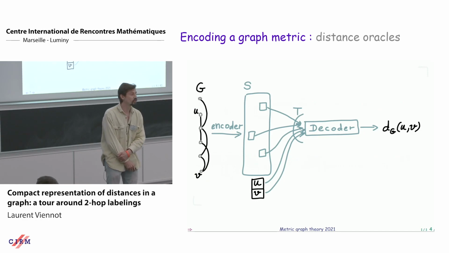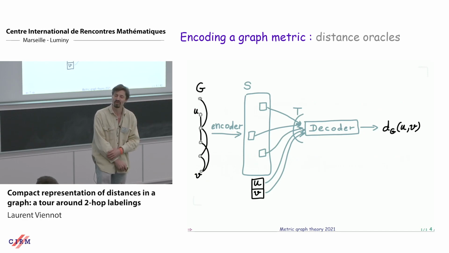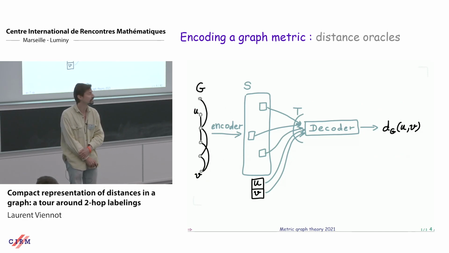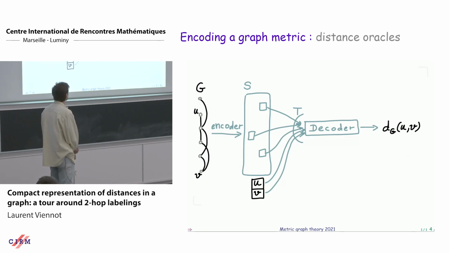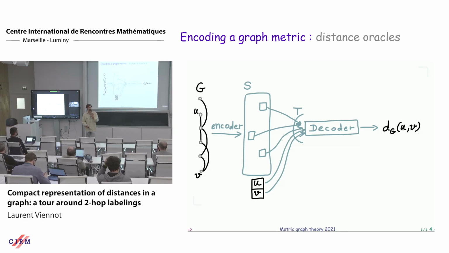So for those who don't know distance labelings or the idea of encoding the graph metric, let's begin with the notion of distance oracle. So a distance oracle is a data structure together with an encoder and a decoder. So you take a graph, you plug it through the encoder, and you get some representation that can allow you to answer queries.